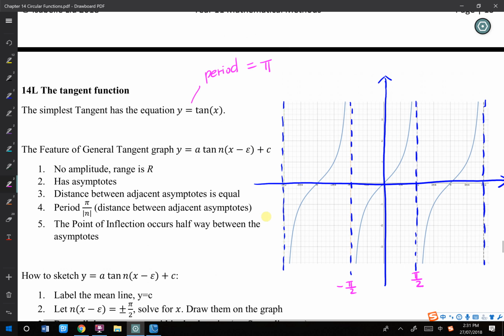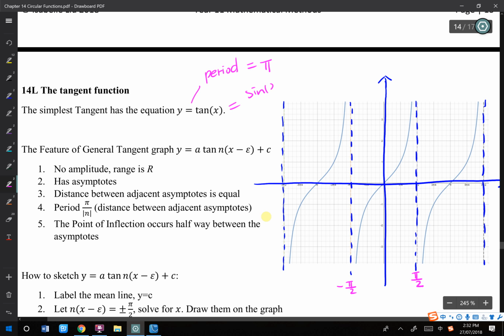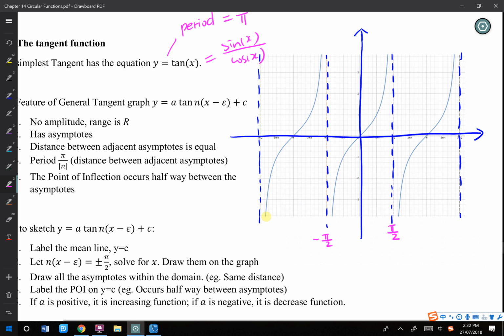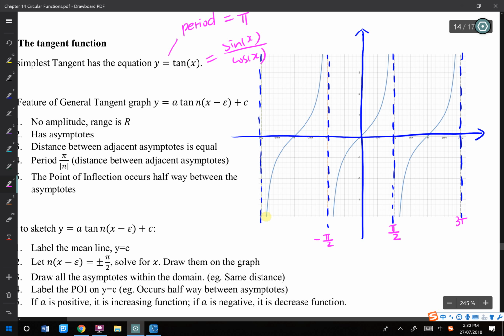Yeah, that's correct. Tangent is sine x over cosine x. When the x value makes the denominator 0, the graph becomes undefined, and the undefined values will be pi on 2 and 3 pi on 2.